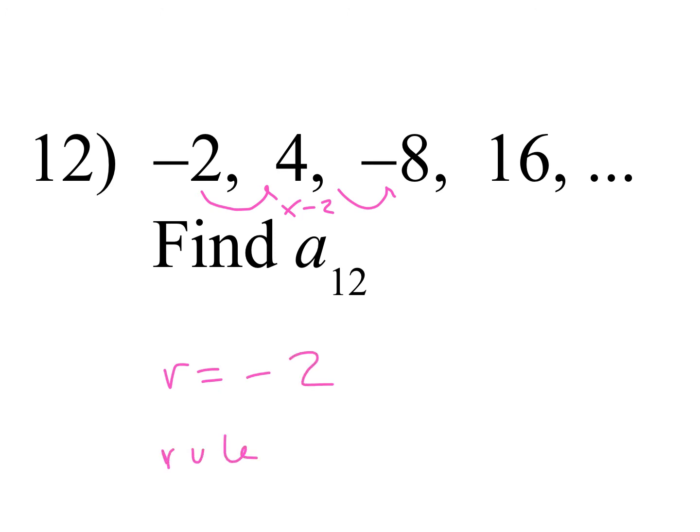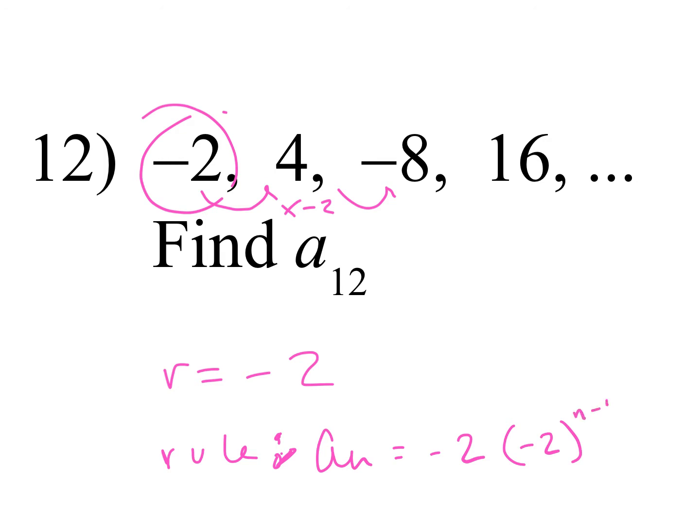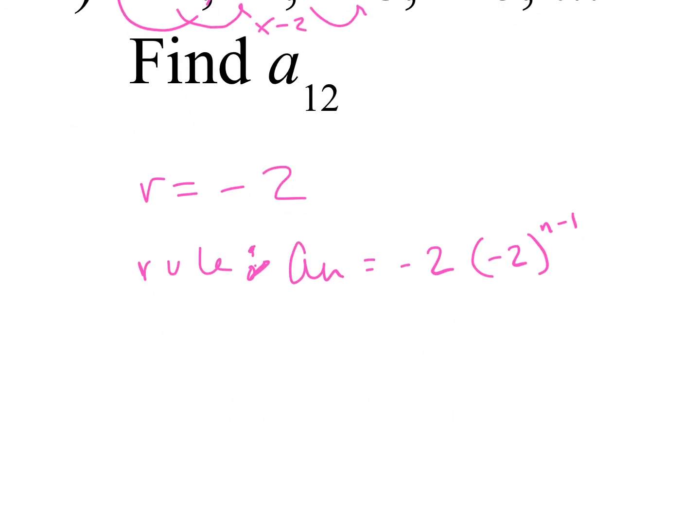Then our rule is a sub n is equal to our first term, which is negative 2, times our common ratio, which is negative 2, to the power of n minus 1. So there's our rule.